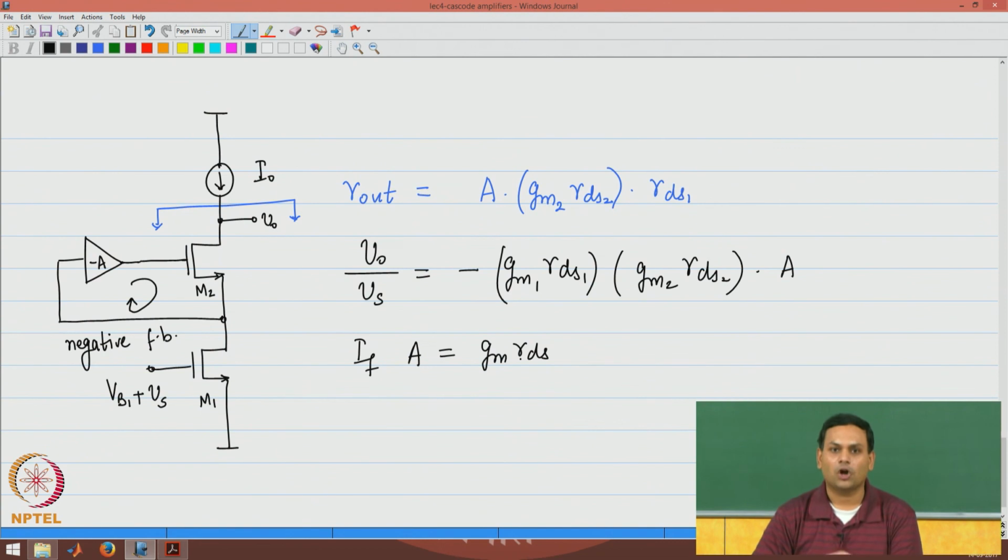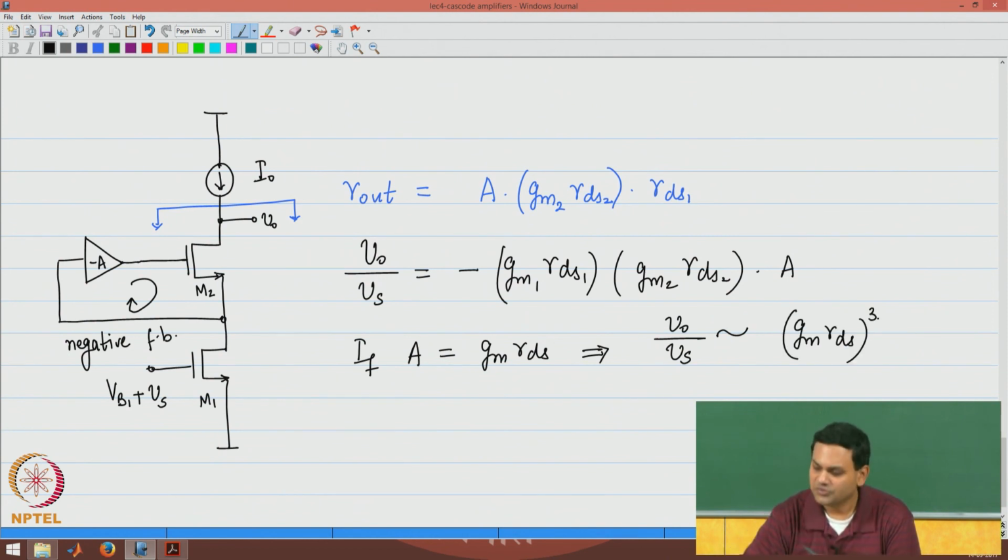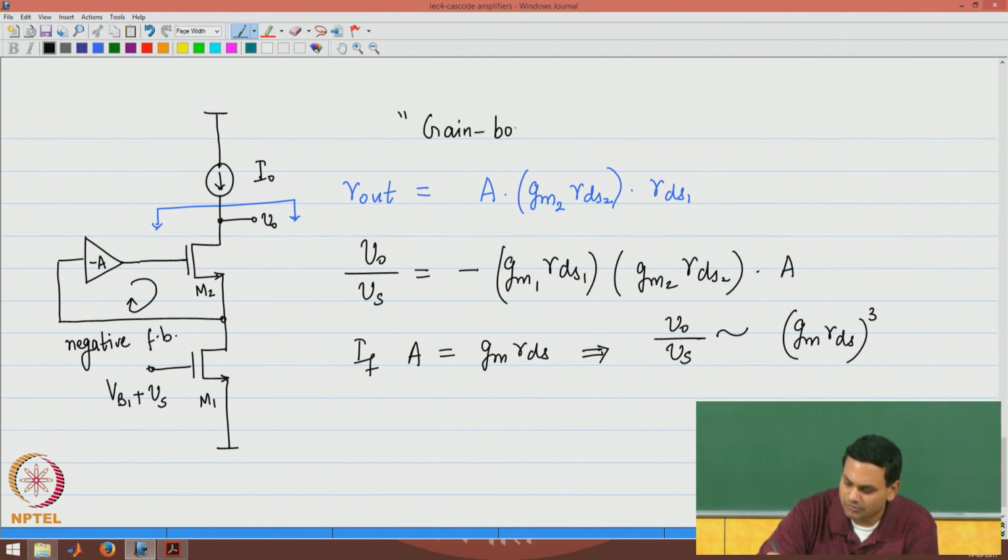If A were of the order of an intrinsic gain, VO by Vs is of the order of GM RDS the whole cubed. This particular circuit is called the gain boosted cascode.